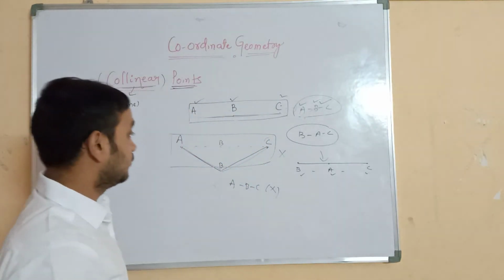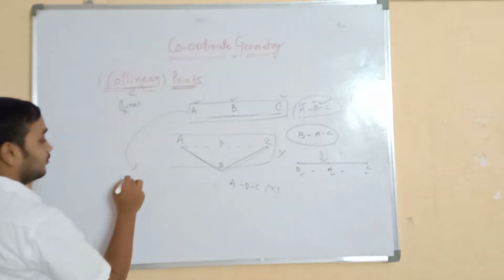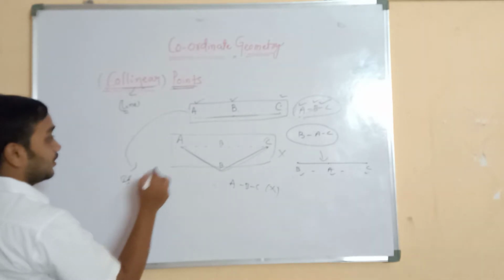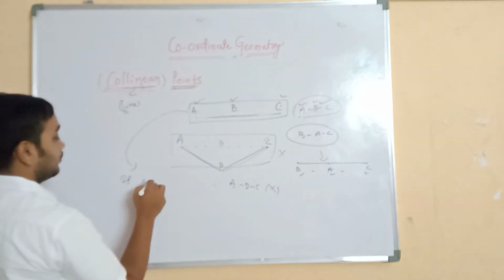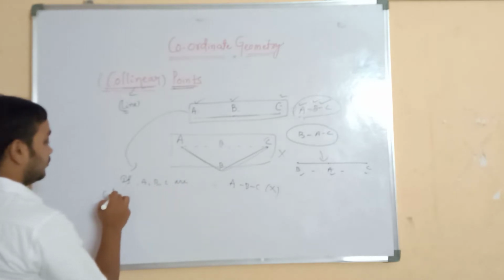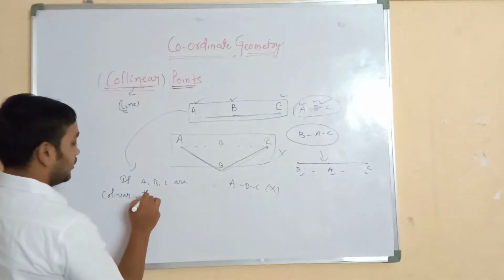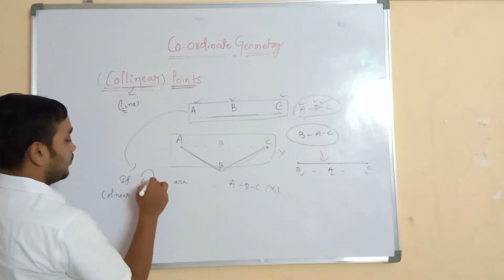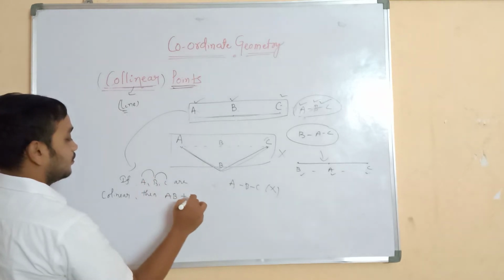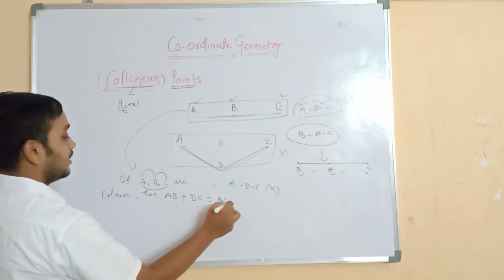See, there is a formula. If A, B, C are collinear, then AB plus BC is equal to AC.